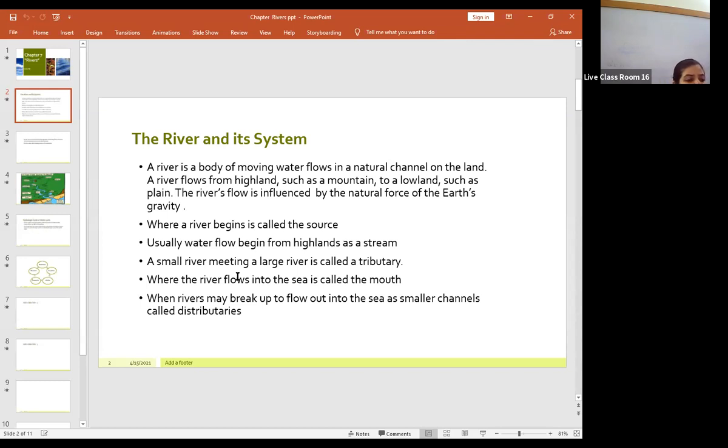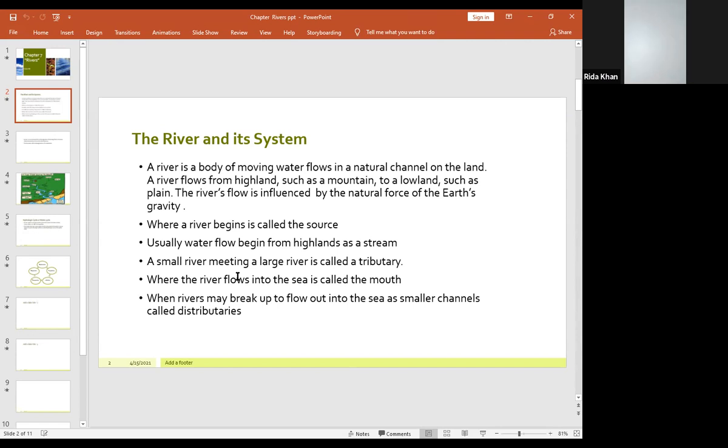And what is the river system? Yes, Rida, continue with the book point. A river system is made up of these components: source, stream, tributary, mouth, and distributaries. A river source is the place where the river begins its flow. At the source, usually in the highlands, water begins to flow as a stream. As it flows further down, other streams may join the mainstream.